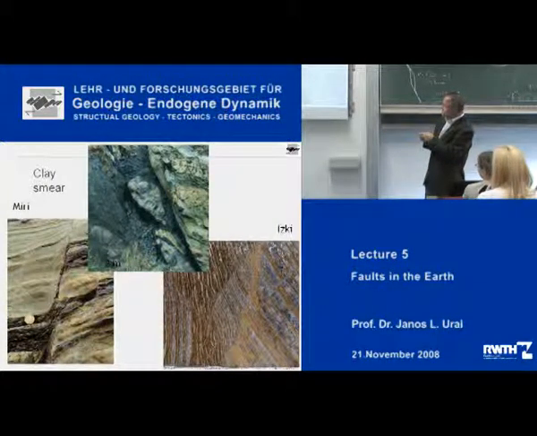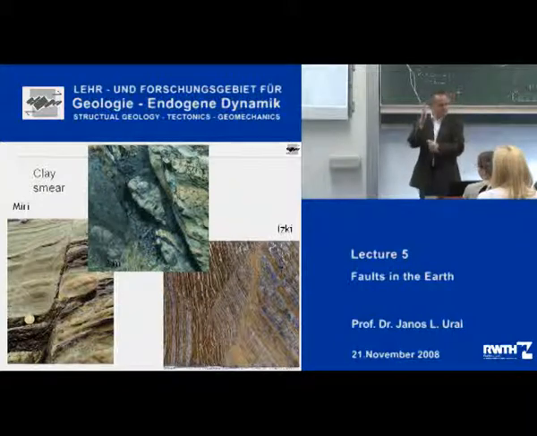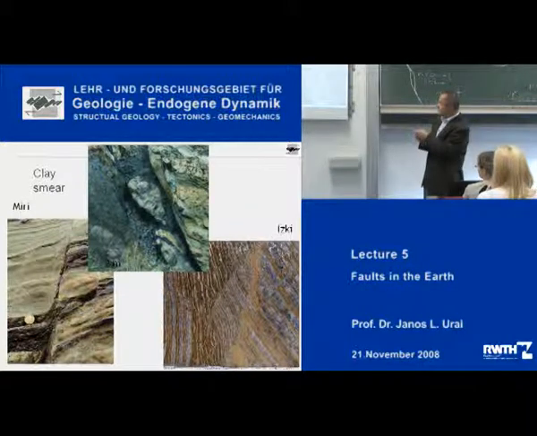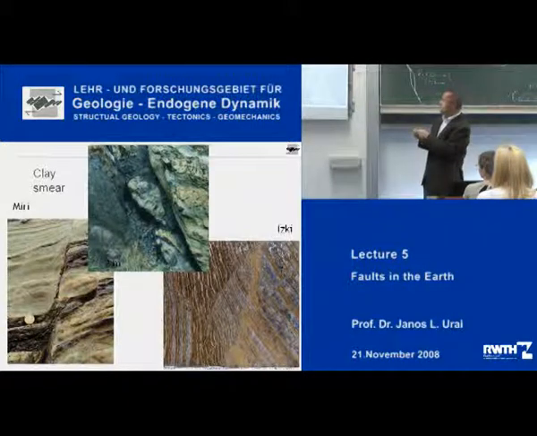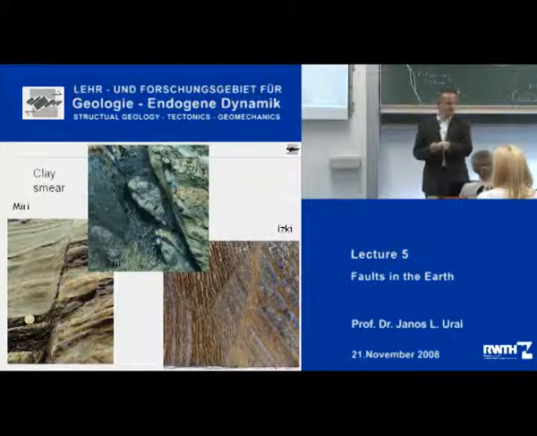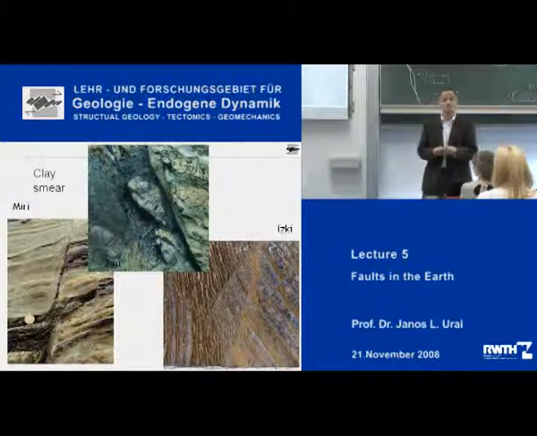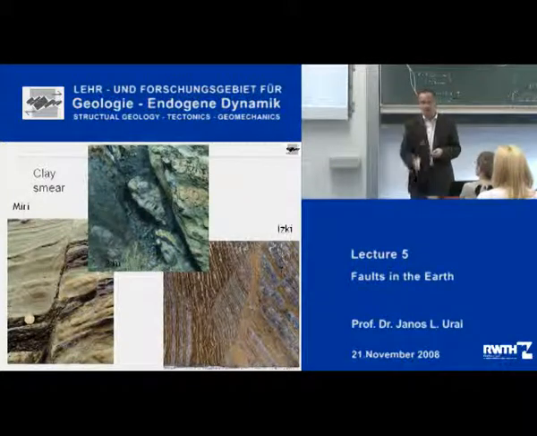Here is a much bigger fault plane. This could have 100 meters offset, and the whole fault zone is maybe a meter wide, and it consists of completely sheared and reworked clay with big lenses or fishes of sand floating in it. And you can imagine that if you have a lot of clay in the fault zone, it will basically become impermeable, because clay is a very good seal.